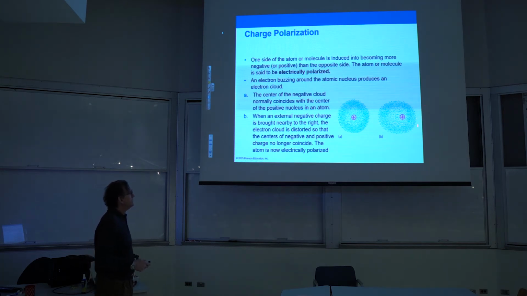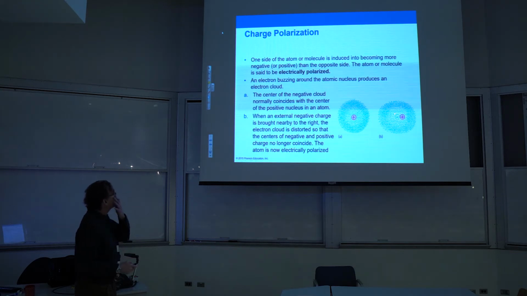And that could be the existence of other negative charges over here. If this was an atom in the wall of a building structure and the balloon, which we said was negatively charged, was placed over here, then the electrons from the atoms on the surface of the wall would be pushed away. And that produces a charge polarization.